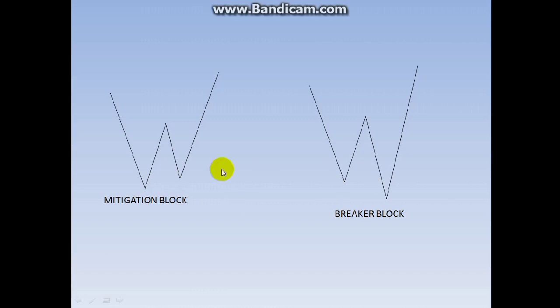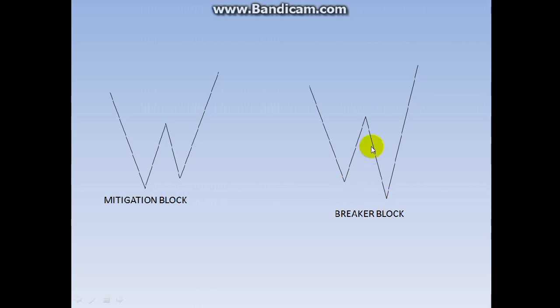That is the difference between the two, but they both serve the same function. They act as mitigation, as orders being taken out. For a mitigation block, those who bought this short-term rally will look to take out their orders when this old short-term high gets violated.